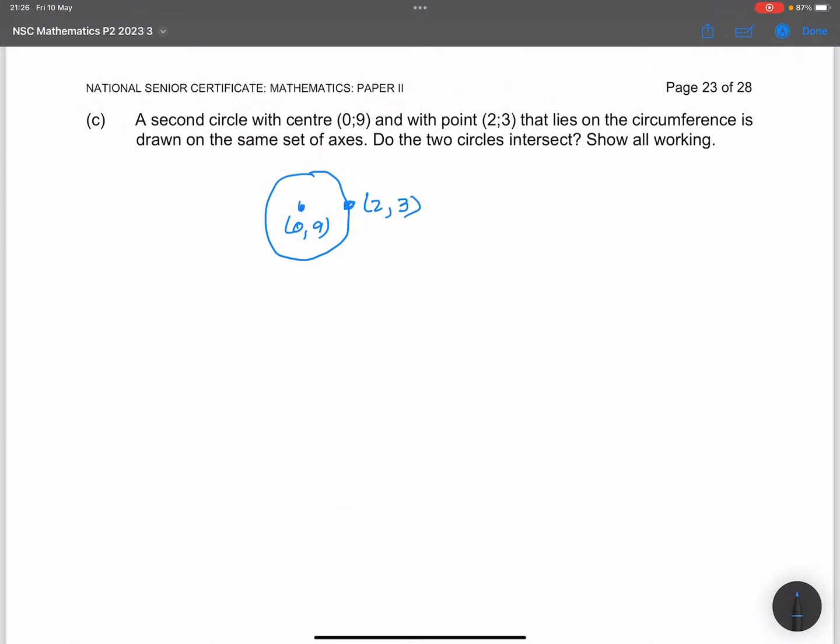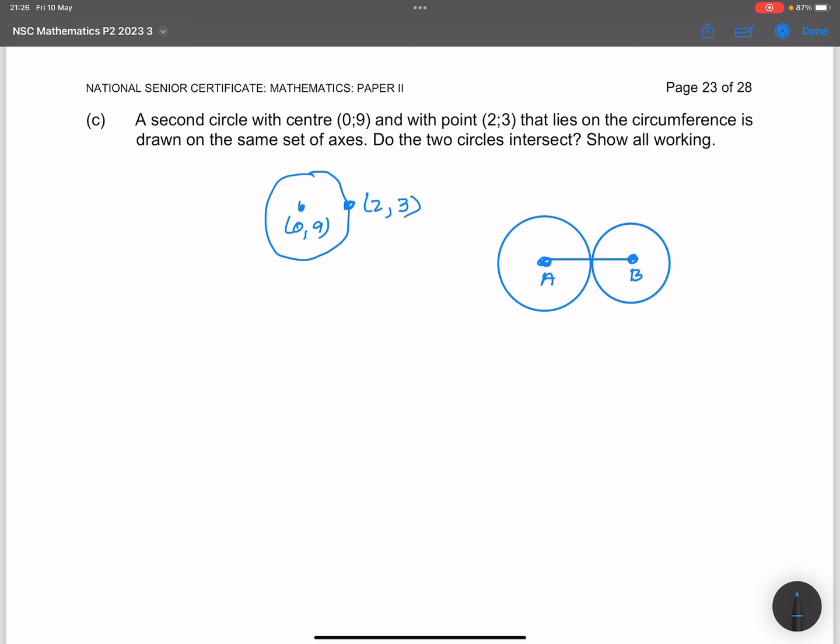Now remember, ladies and gents, when two circles intersect, let me just draw those two there. How would I know that two circles intersect? When they just manage to touch each other, the sum of their radii would be equal to the distance AB between their centers.